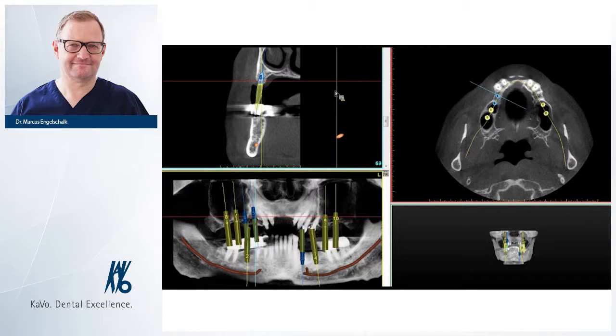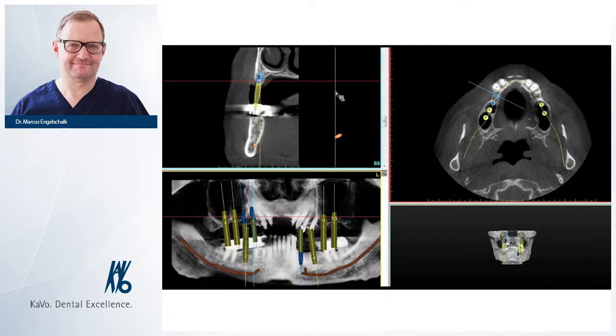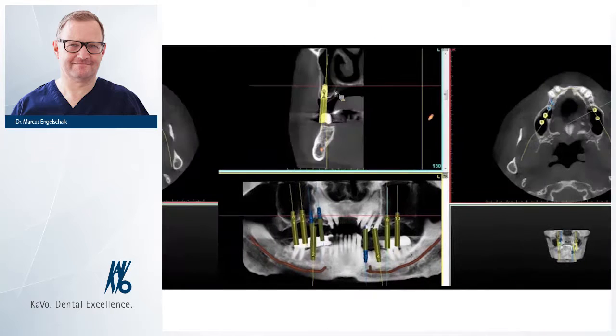This is important to see, and here's a more detailed picture from the cone beam scan. And this is what I told you. Now you can see the red line I marked for you, so now we have a clear picture of what we can expect. And if you look on the right side at the survey of the head of the maxilla, then you can imagine this cut, that there is a septum.